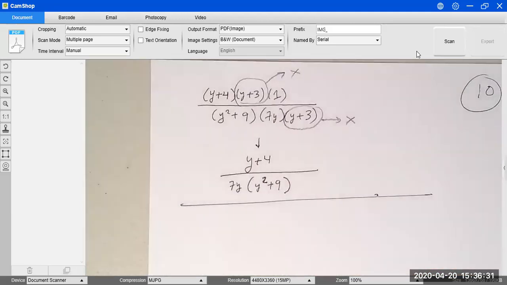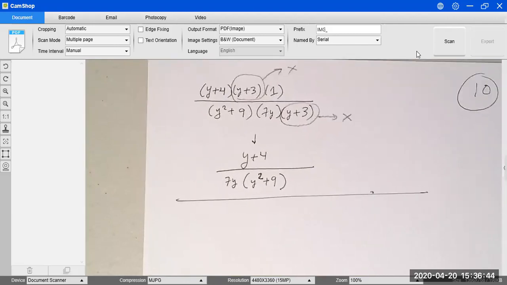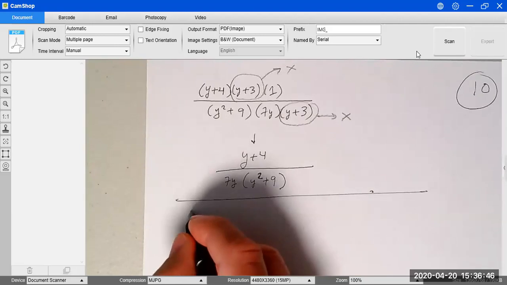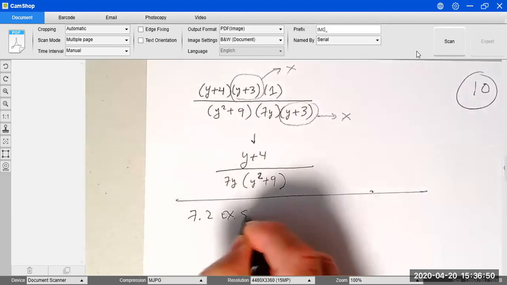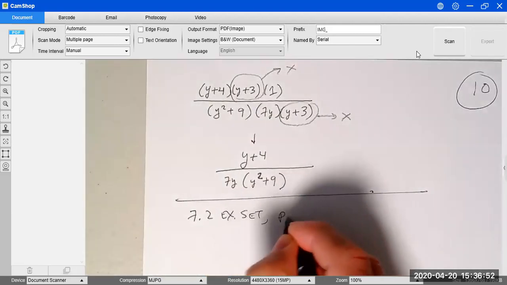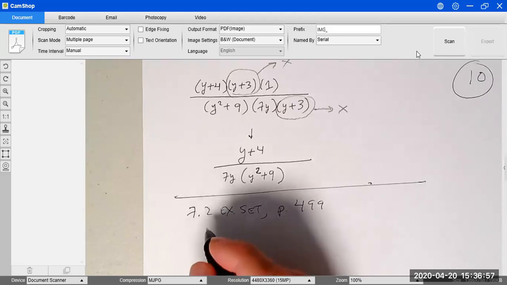Okay, so now you're gonna work on some exercises to finish our lesson today, and you're gonna have a time after if you want to review the lesson. So you go and check 7.2 exercise set on page 499, and now you're gonna work on problem 44.